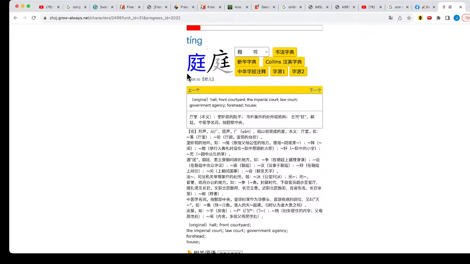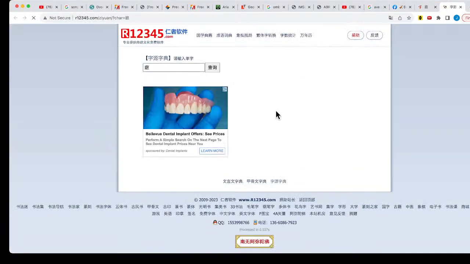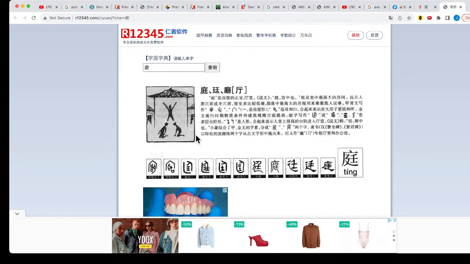Okay, so this is 庭. Let's take a look. Every time you see that part, it looks like a 广字头. When you see that 广字头, it means a house. It's related to a house.